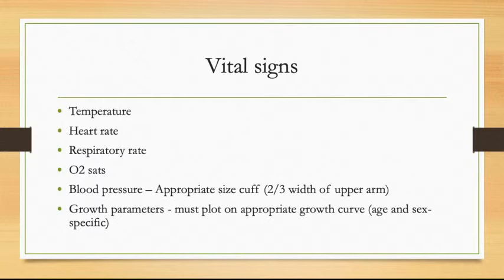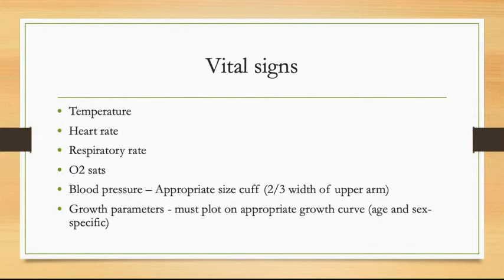So obviously you need to check for vital signs. If you remember the traffic light system, some of the criteria relate to things like respiratory rate, heart rate, and also you need to check if they have a fever or not. So you have to check those, and oxygen sats, blood pressures. Remember to have the right kind of cuff, a pediatric cuff.